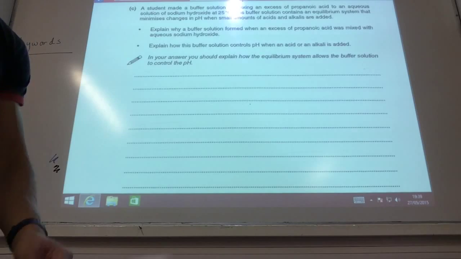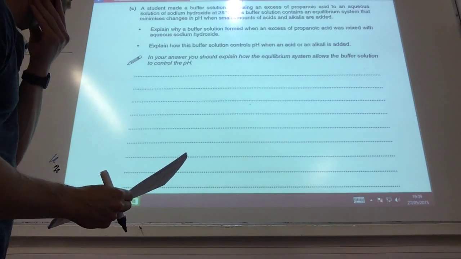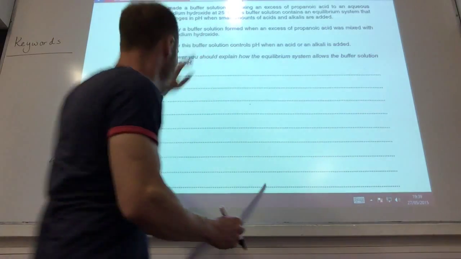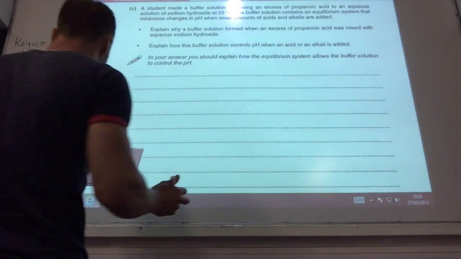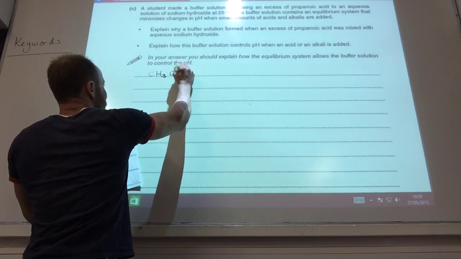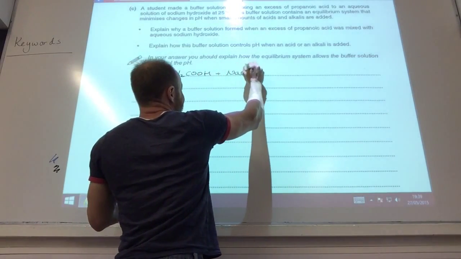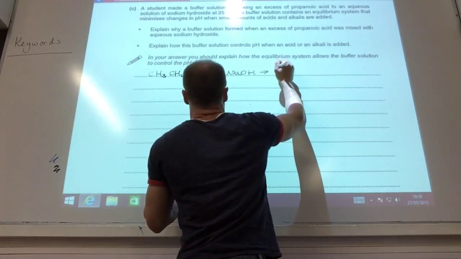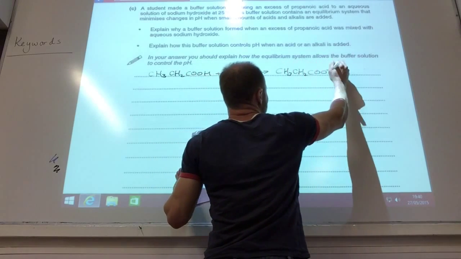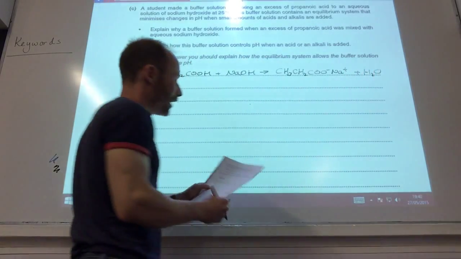Okay, it's buffer time. So, excess propanoic acid was mixed with sodium hydroxide, form a buffer. Why? Okay, so first of all, where you can, stick in an equation. Propanoic acid, remember you've got it in excess, is going to react with sodium hydroxide to form sodium propanoate, which is your salt of your weak acid.